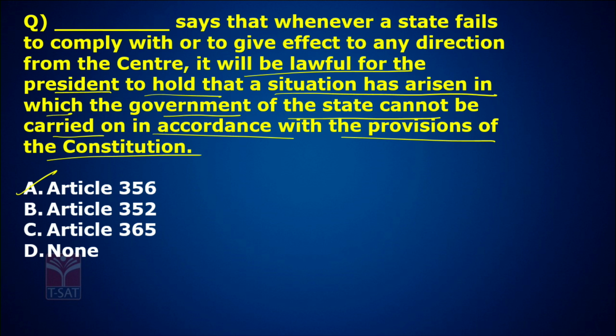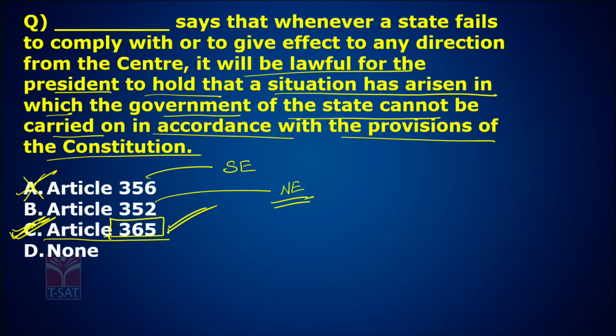It says when the state is not following the center, the president can take an action according to Article 365. The answer is 365, not 356, because 356 talks about state emergency, 352 national emergency. So this is very important.